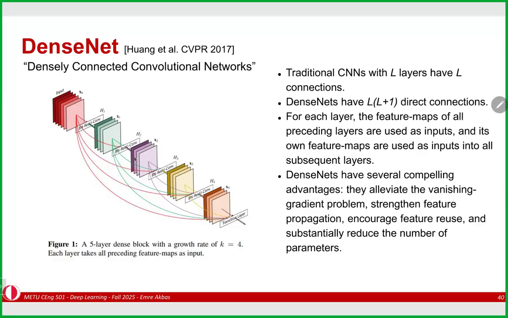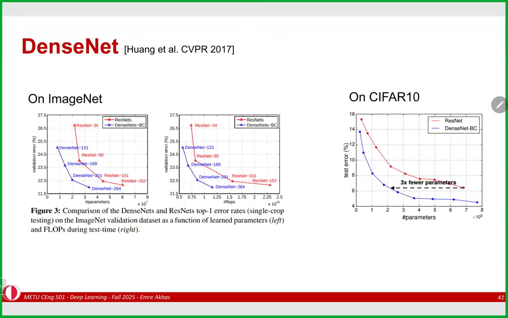Traditional CNNs with L layers have L connections, but DenseNets have L times L plus 1 over 2 connections, because each layer is connected to all other layers. They have advantages. They alleviate the vanishing gradient problem, strengthen feature propagation, encourage feature reuse, and substantially reduce the number of parameters. And they have shown very good results.